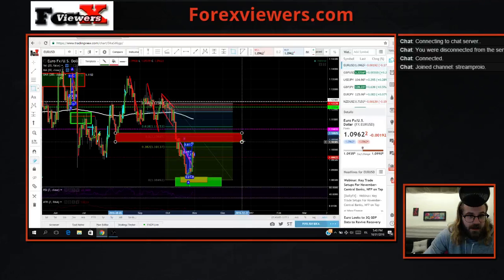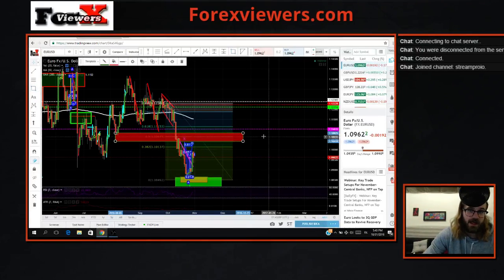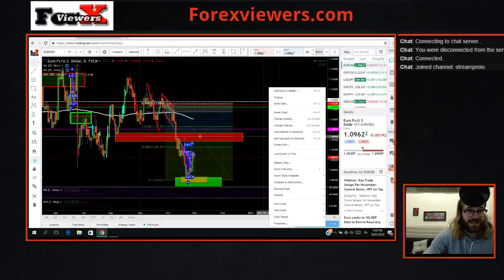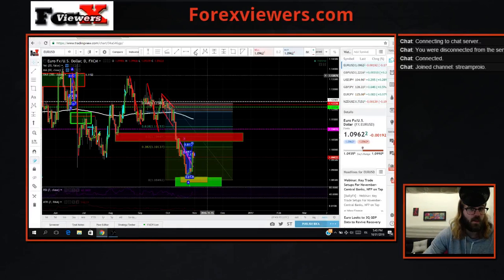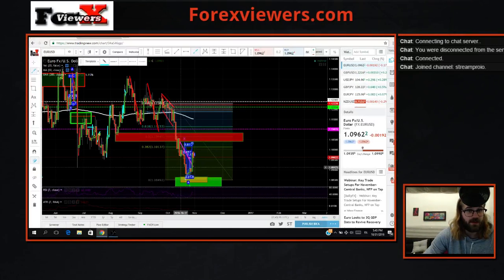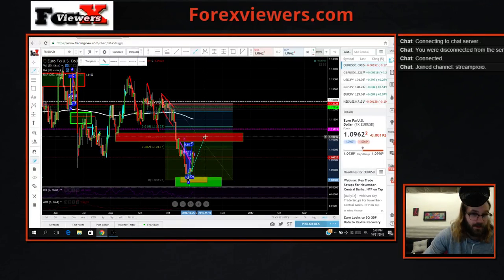Here's a box, and as you can see we do have the 50% inside that box, so we might get a pullback up to the 50% right here, all the way into this box. We may look for opportunities for a short if the market comes up to this box right here.